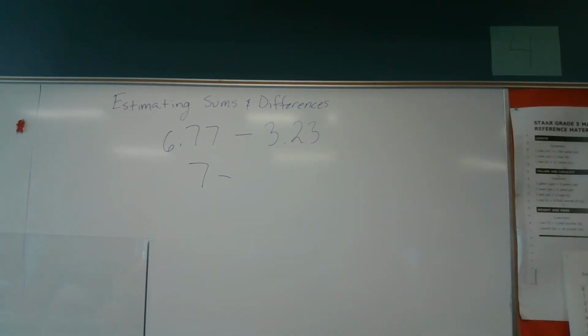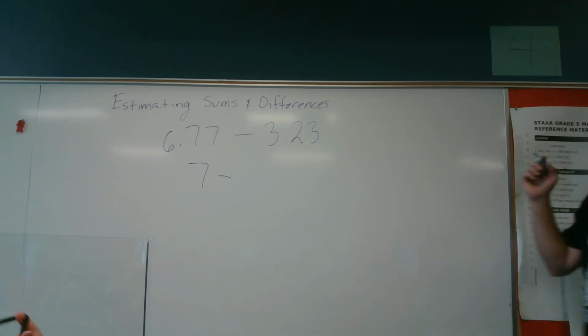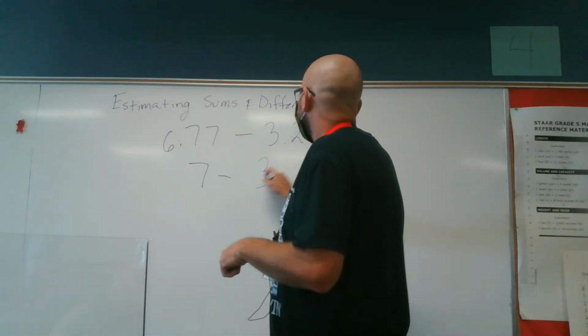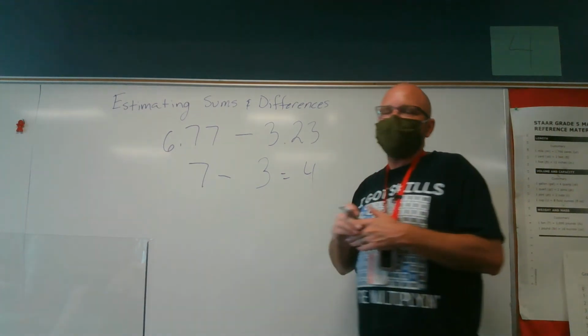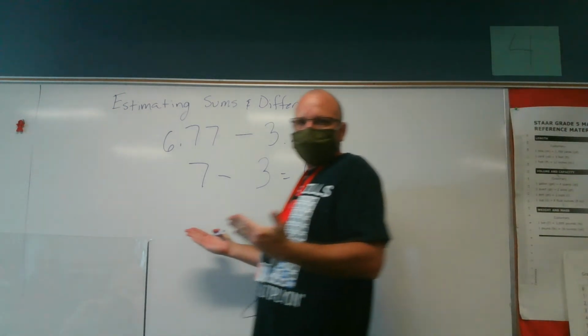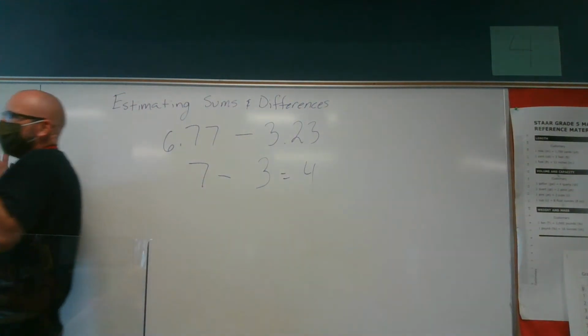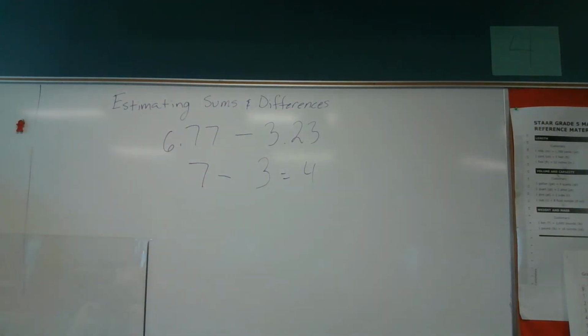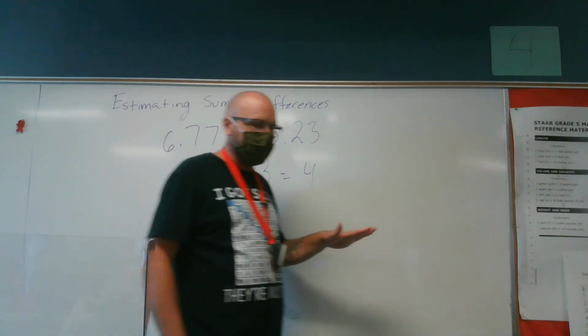Nick, make it a 3. So my answer should be somewhere around 4. So when I estimate, I'm just giving myself an idea of where my answer is going to be. I'm not going to get an exact answer.